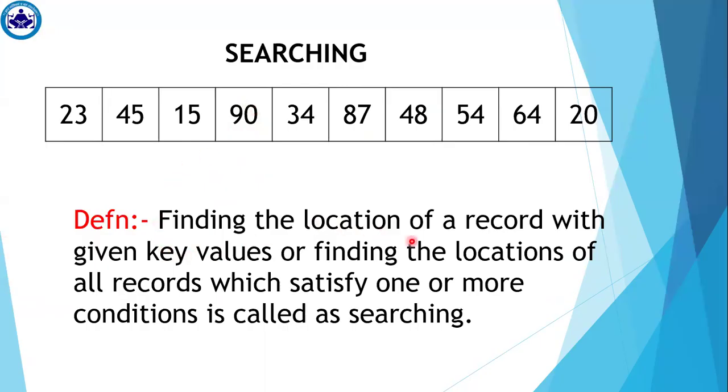Finding the location of a record with the given key values, or finding the location of all the records which satisfy one or more conditions is called as searching. Means if I say find out the elements which are divisible by 2, so we will find out all the elements from this array which are divisible by 2. So this operation is called as searching.